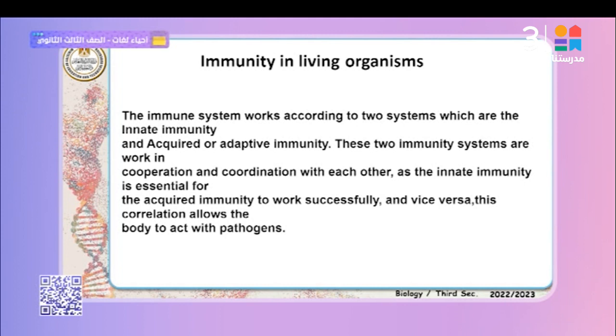Both work together to defend against microbes and pathogens and keep the living organism safe to survive. Innate immunity is essential for acquired immunity, and there is integration between them to work successfully and vice versa. This correlation allows the body to act against pathogens.